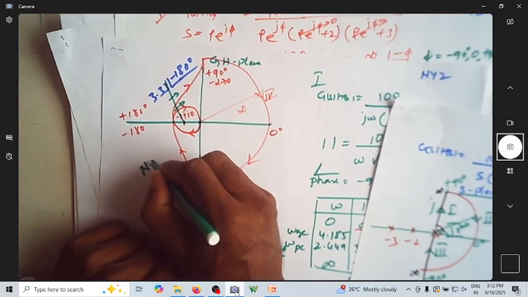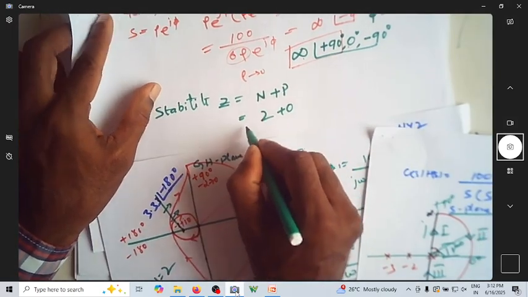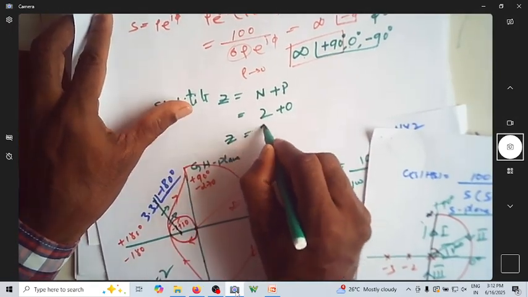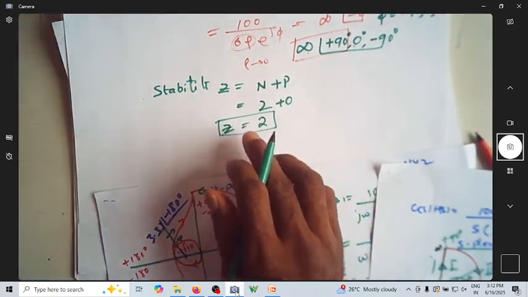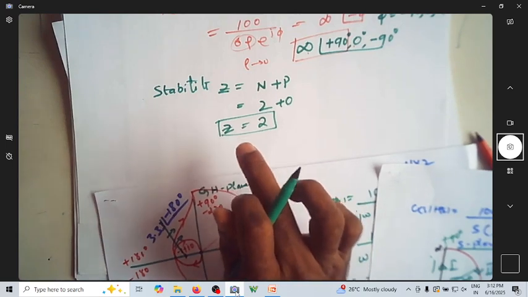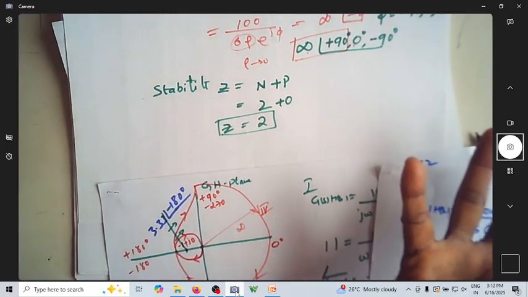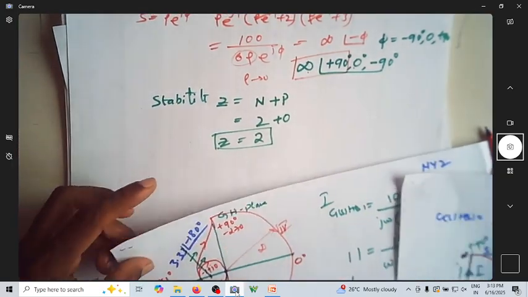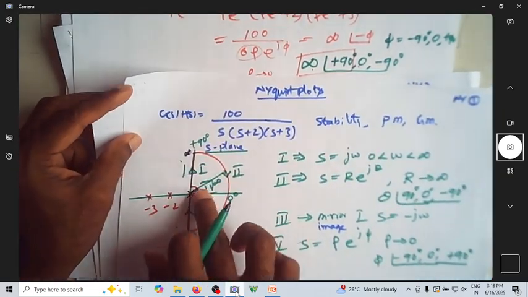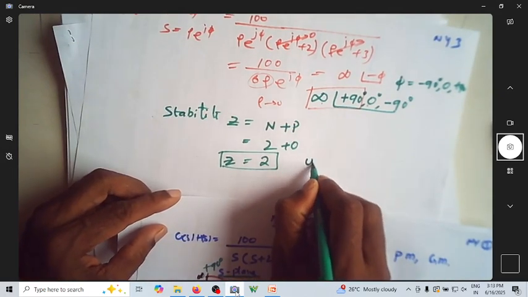So N is equal to 2. So Z is 2. What does Z equal to 2 mean? Z equal to 2 means two closed loop poles are there towards the right hand side of the s plane. Since there are two closed loop poles on the right hand side of the s plane, the system is unstable.